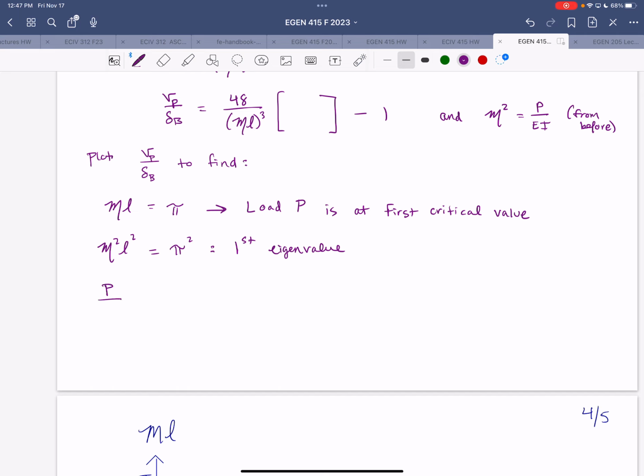So then plugging back our definition for lowercase m, that means P over EI times L squared is equal to pi squared. So that critical buckling load is going to be pi squared EI over L squared. And that represents what we call Euler buckling.